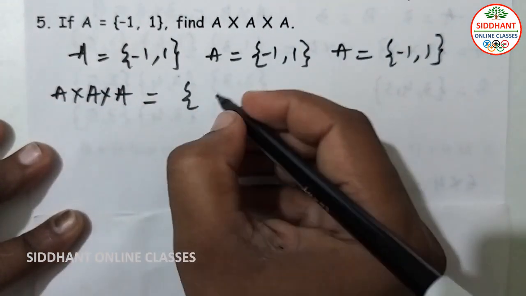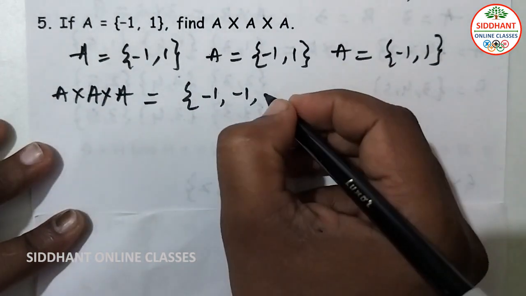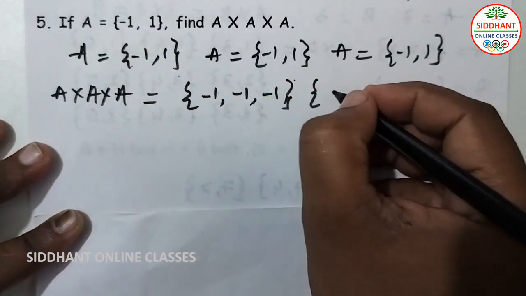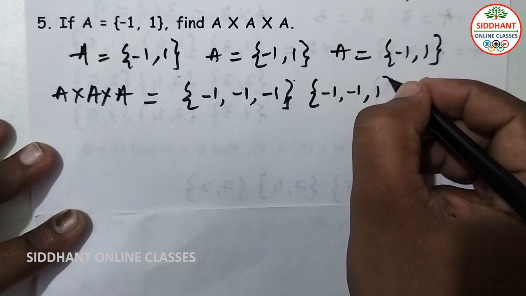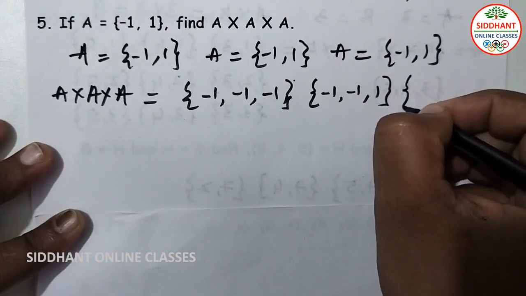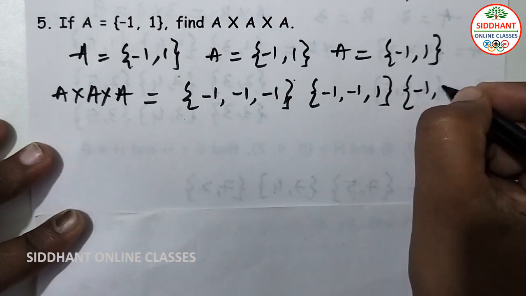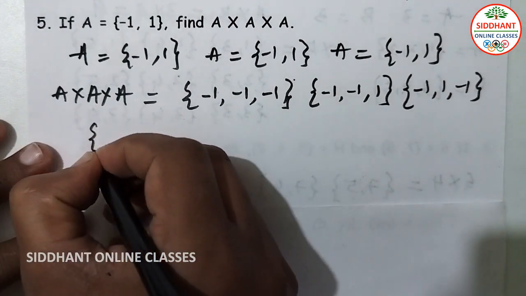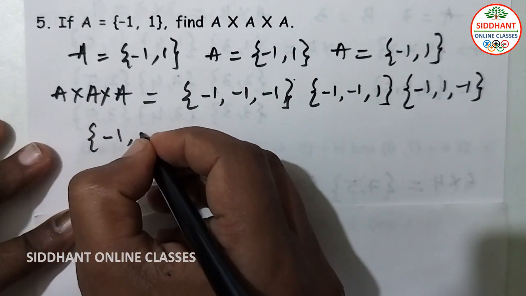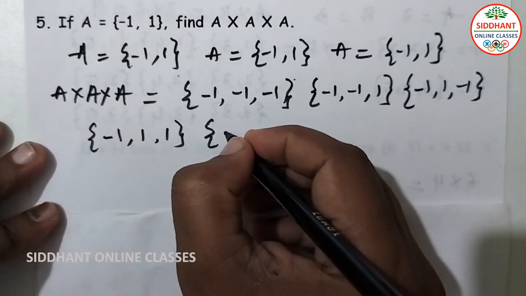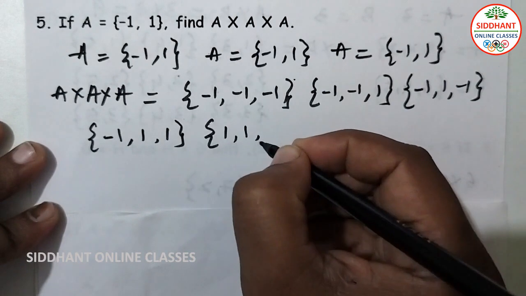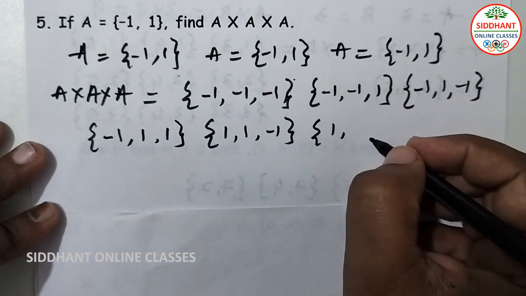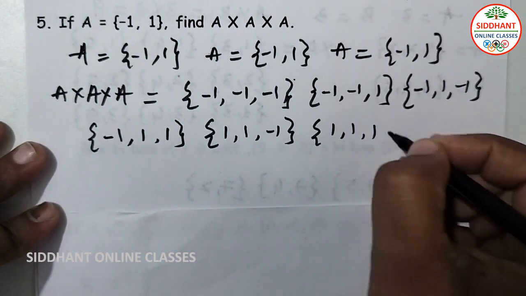So first we are going to see (-1, -1). Next (-1, 1).